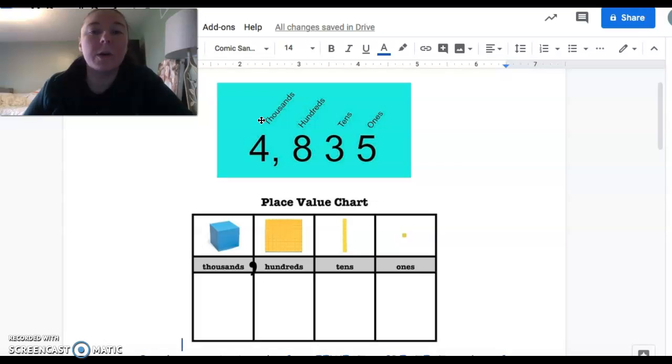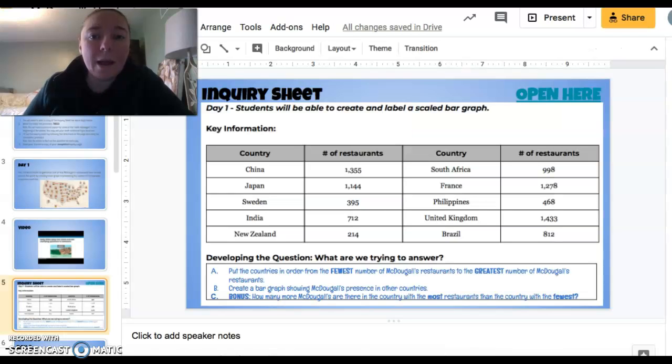For those of you who are more comfortable with the place value mats, you would think about this by using the base 10 blocks that we have in our classrooms, or even on Connected if you needed to play with those. So when we go back to our McDougall's list, I see this number's in the thousands, hundreds, hundreds.